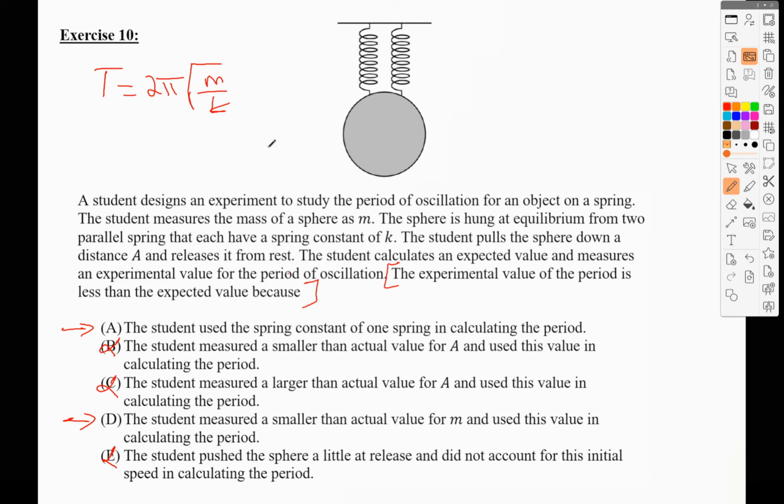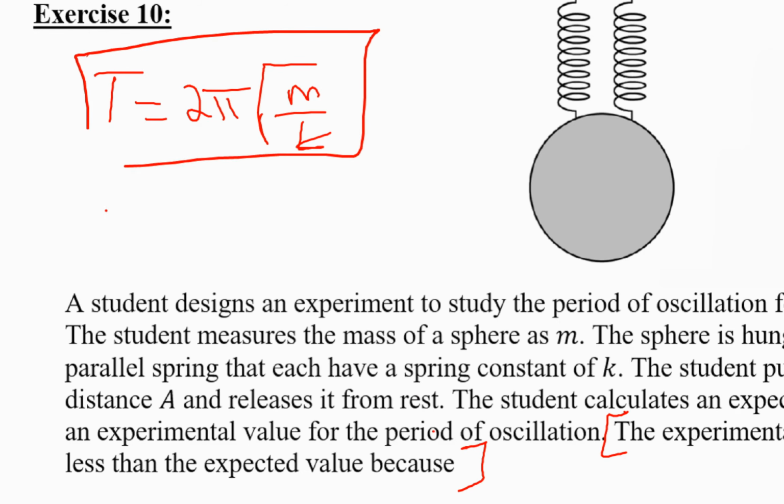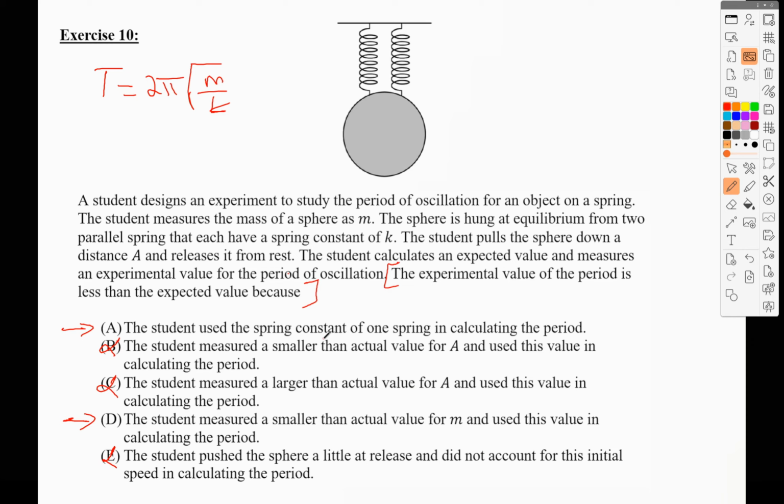Period experimentally can be measured only via a stopwatch, but whenever we're talking about measuring the value of m and we have the value of k to determine the value of T, this is the theoretical part because we're using this formula. Now, at the beginning of the exercise, we mentioned that we're interested in finding the mistake that the student made in the theoretical part that increases the value of the period.